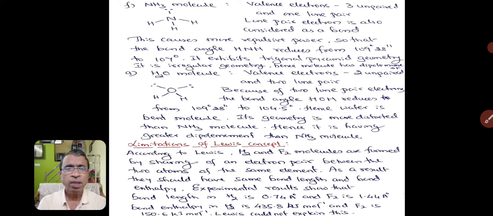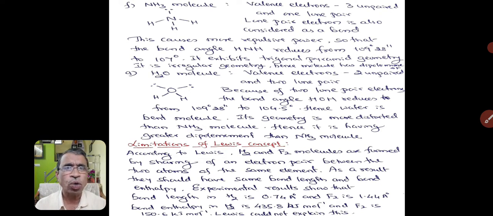Now coming to the limitations of the Lewis concept. According to Lewis, hydrogen and fluorine molecules are formed by sharing of an electron pair between the two atoms of the same element. As a result, they should have some bond length and bond enthalpy.